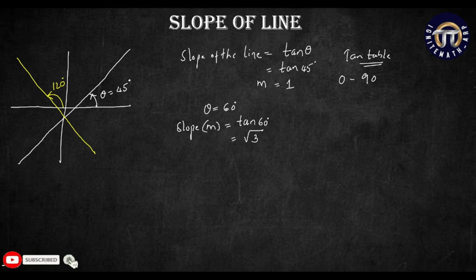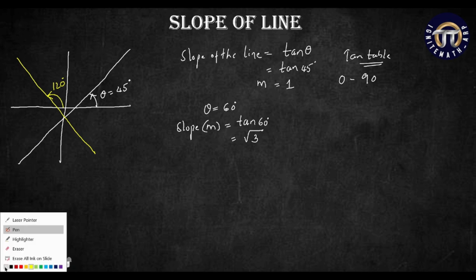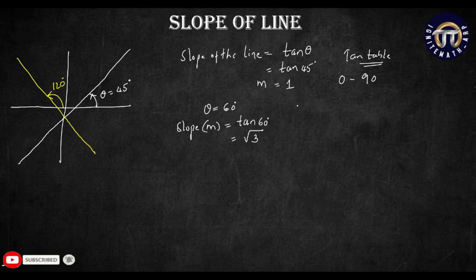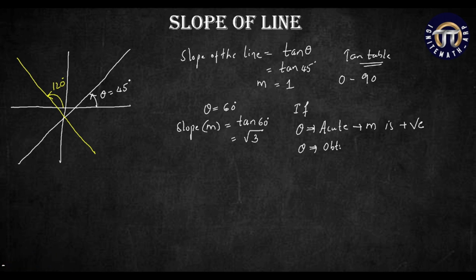Clear, children? In such cases, one very important thing I would like to tell you is that if the angle of inclination is acute, then I can say the slope is positive. If the angle of inclination is obtuse, then I can say the slope is negative.